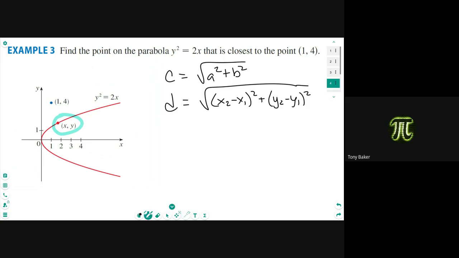All right. Do we know anything? What do we know from this problem for the distance formula that I can plug in?